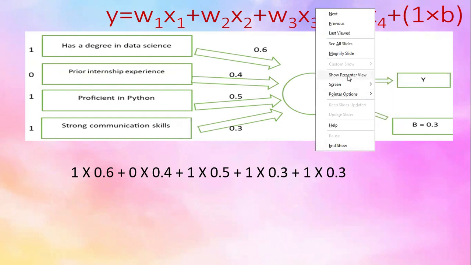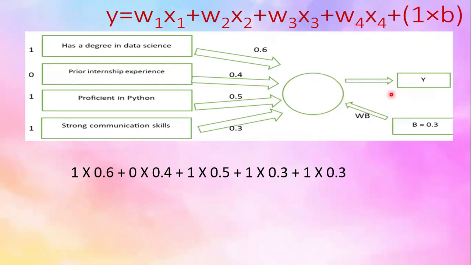To solve it, the result will be 0.6 plus 0 into 0.4 is 0, plus 1 multiplied by 0.5 is 0.5, plus 1 into 0.3 is 0.3, plus 1 into 0.3 is again 0.3.